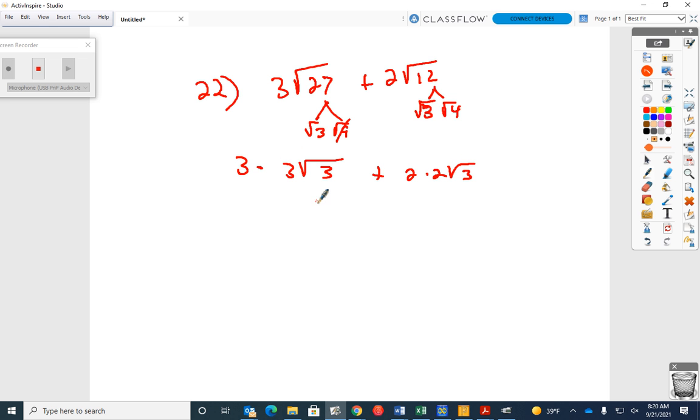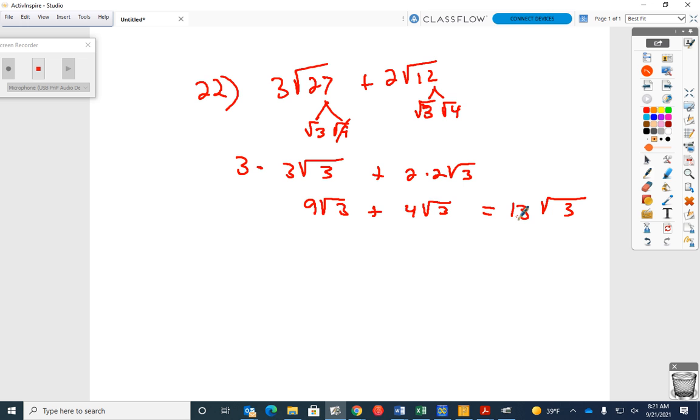What's 3 times 3? 9. 9 radical 3 plus 2 times 2 is 4. 4 radical 3. I'm in good shape because I have a common number inside my radical, right? What's 9 plus 4? 15. I mean 13. 13 radical 3. I added that. How many of you got that one right? How many of you missed that one? Yeah, I have it wrong too.